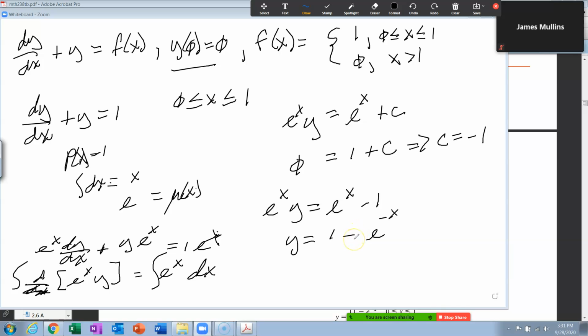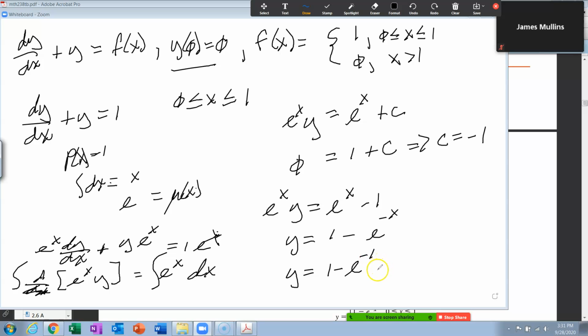Now, that's a solution for this part of f of x. But we want it to be continuous there at 1. So let's see what the value is when x is equal to 1. When x equals 1, you have y is equal to 1 minus e to the minus 1.